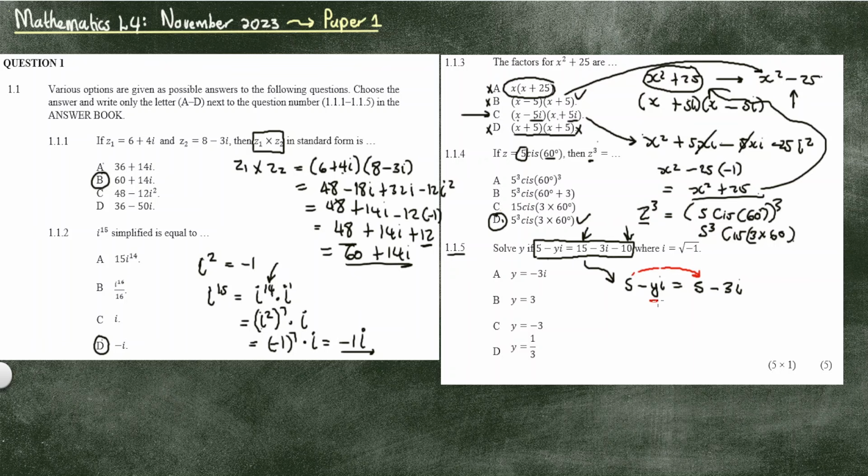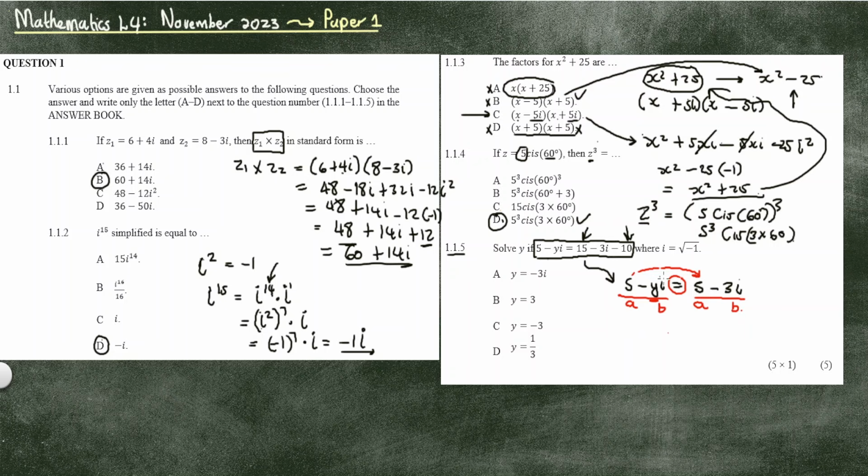We want to know the value of y. So this equal sign is simply saying that the left is equal to the right. So this real part is equal to this real part. And the imaginary part should also be equal. It's the basic principle behind the simplification of simultaneous equations with complex numbers.